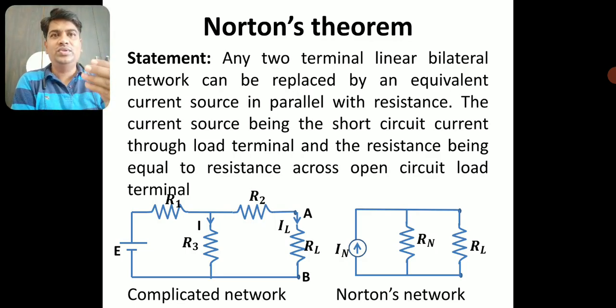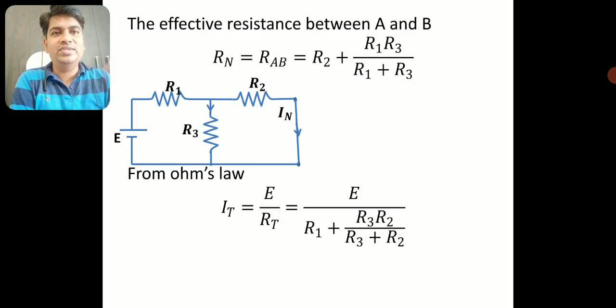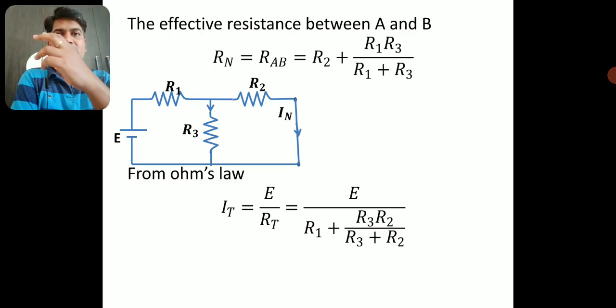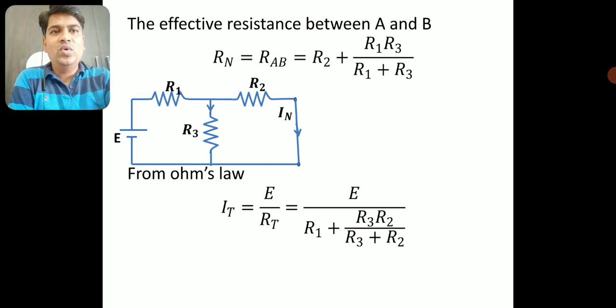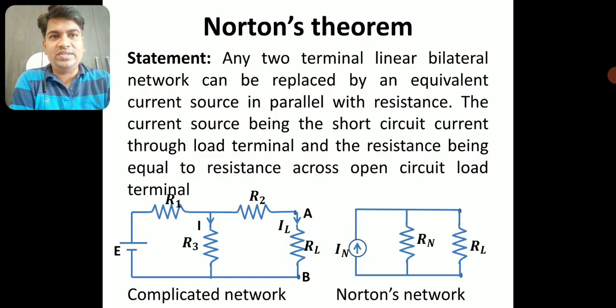I have just told you that IN is the short circuit current across these terminals A and B. Now let us remove RL, short circuit it, and look for the current which is flowing through that. And RN is again the effective resistance between the terminals A and B. Let us see what the effective resistance will be.